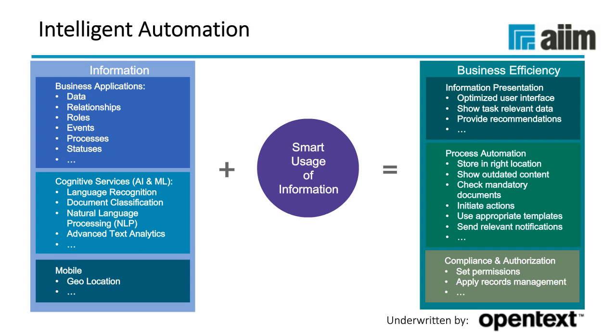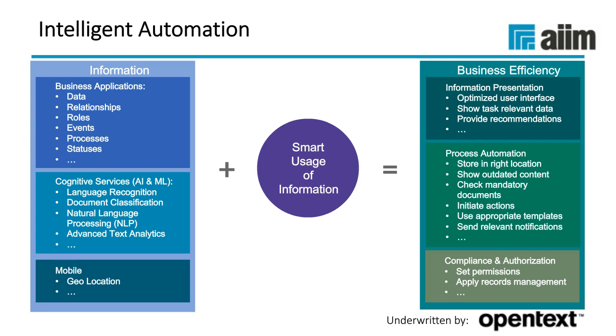If it is someone like the manager, I might provide other information. But it's not only the information we get from business applications. Looking further down the road, there we have what we call nowadays cognitive services. And there, at OpenText, we have our own cognitive services, which we can use, but we look even further down the road.